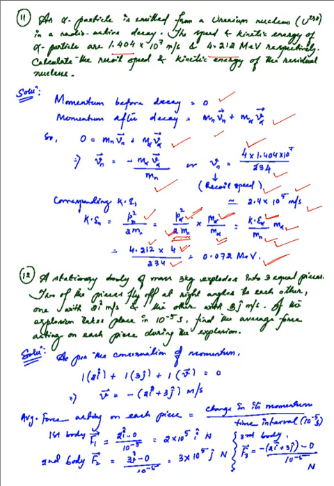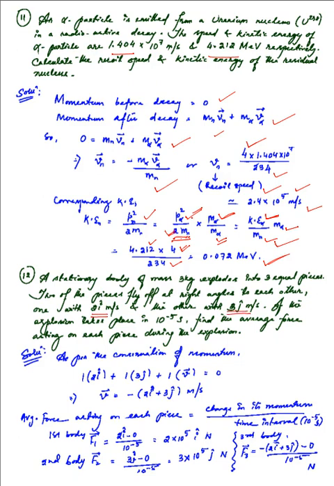Now in the 12th one, we have a stationary body of mass 3 kg, and that explodes into 3 equal pieces. That means 1 kg each. Two of those pieces fly off at right angles to each other, at 2 i hat meters per second and 3 j hat meters per second.